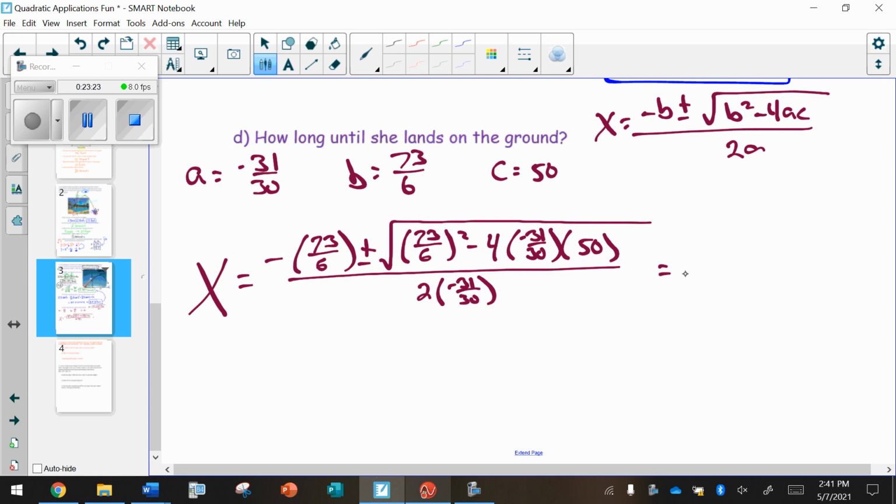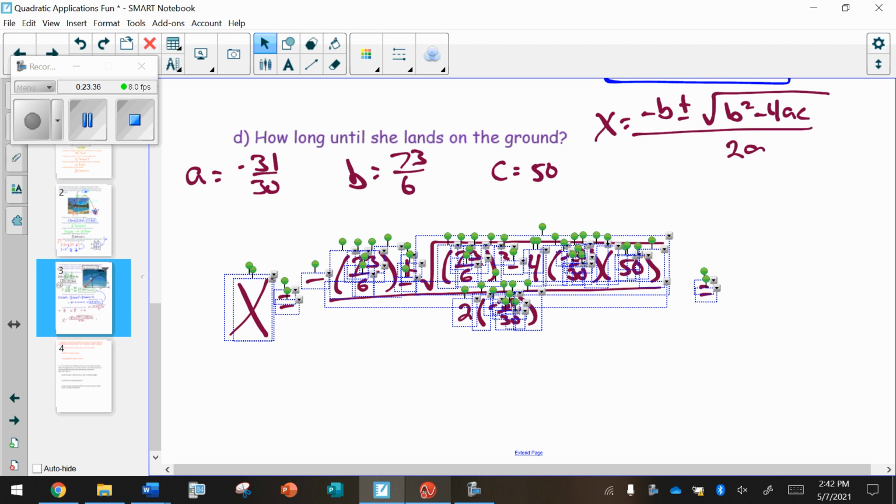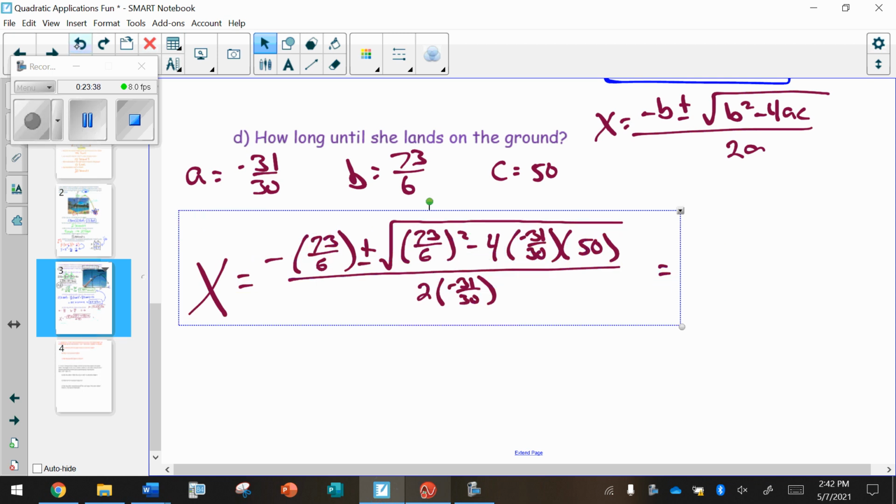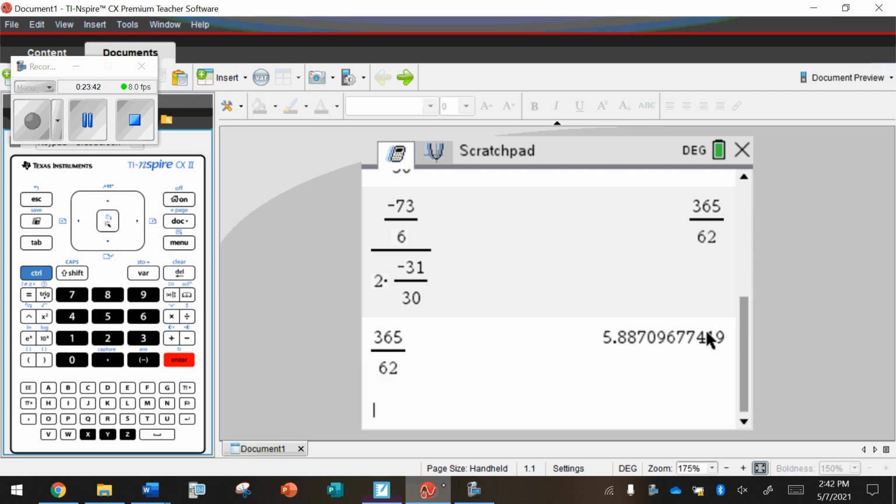Now remember, when we're doing the quadratic formula, what you should do first is just calculate the discriminant. Now, just so we're clear, the discriminant is the part that's underneath the radical without the square root symbol.